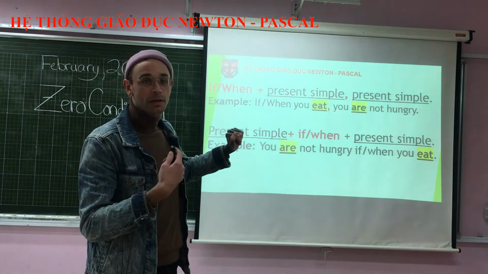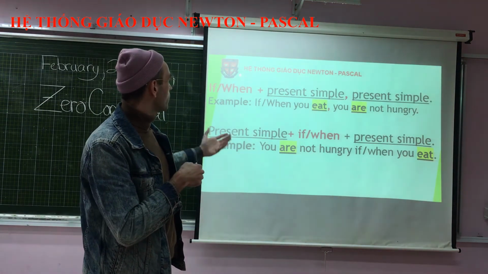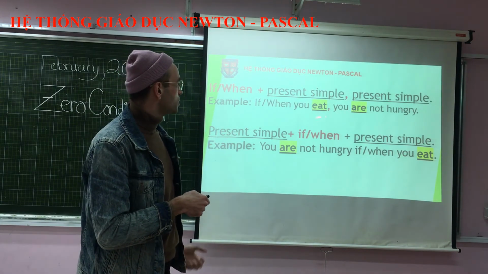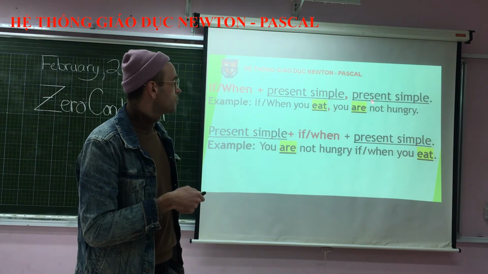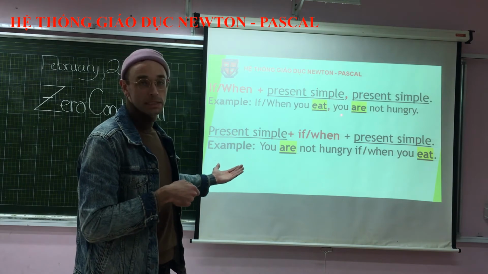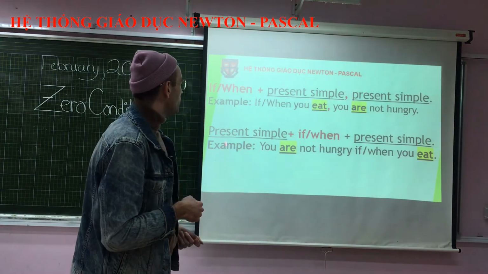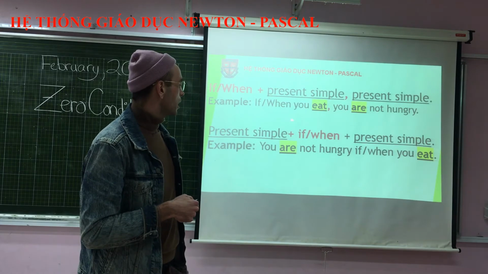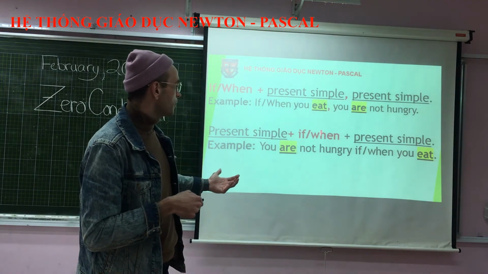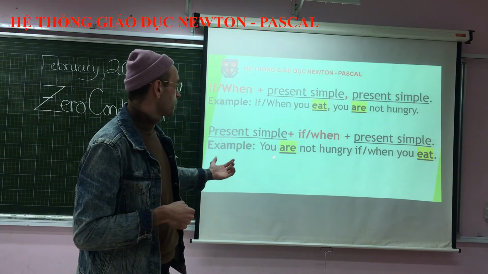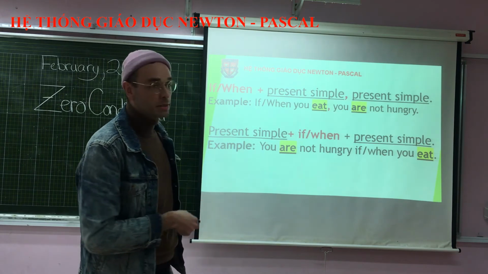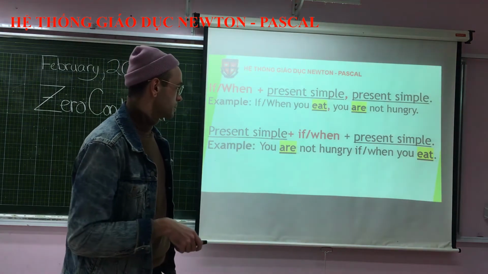When we have our if clause on the left, we have if, present simple, present simple. So, if you eat, you are not hungry. Eat is in the present simple, are is in the present simple. On the bottom here, we have our if clause on the right. And here is our form, present simple, if clause, present simple. You are not hungry if you eat. Again, are is present simple, eat is present simple.